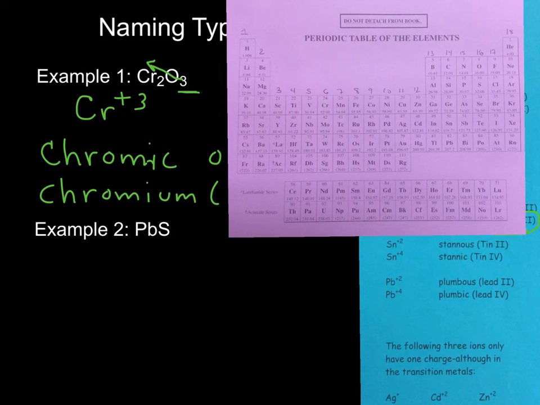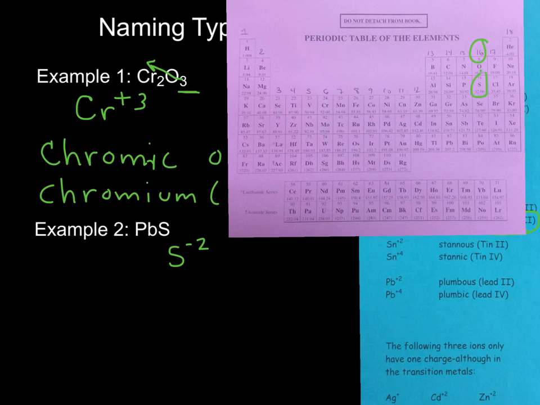Okay, so when we take a look at sulfur here, we see that sulfur is right here, and it's a group 16 element. Group 16 elements have 6 valence electrons. They need 2 more. So that tells us that when we were crisscrossing this formula, sulfur had a -2 charge.